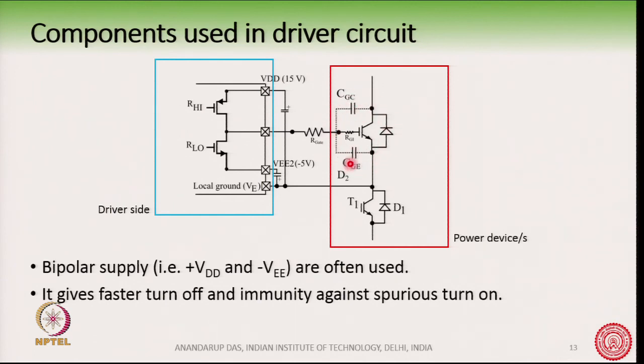When we are turning on the device, the VGE voltage will go to VDD, or about 15 volts. When we are turning off the power device, we will discharge this capacitor to minus 5 volt, that is this minus VE here. And there are advantages related to it.